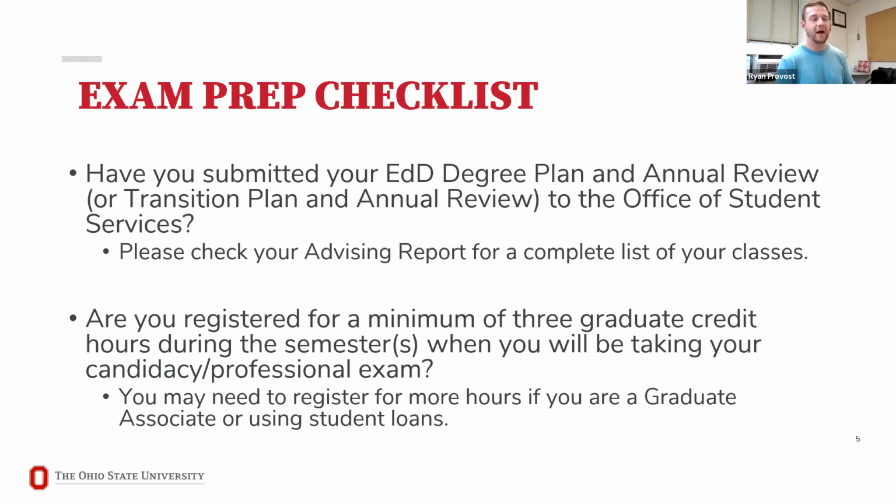We also want to make a note that you may need to be registered for more hours depending on other things, like if you are a graduate research associate or graduate teaching associate, or if you have student loans. There may be requirements beyond the exams that require you to have a certain number of hours, so you also need to be mindful of any of those requirements.